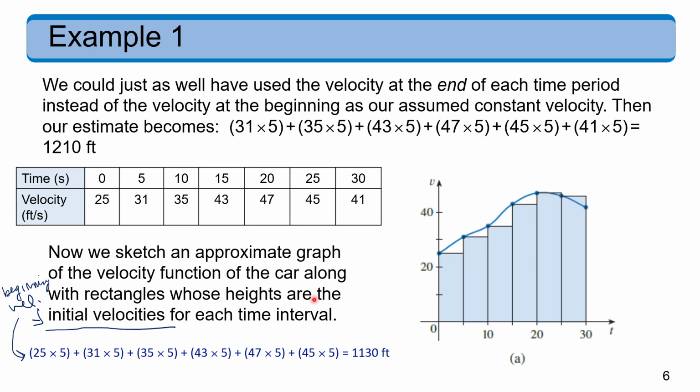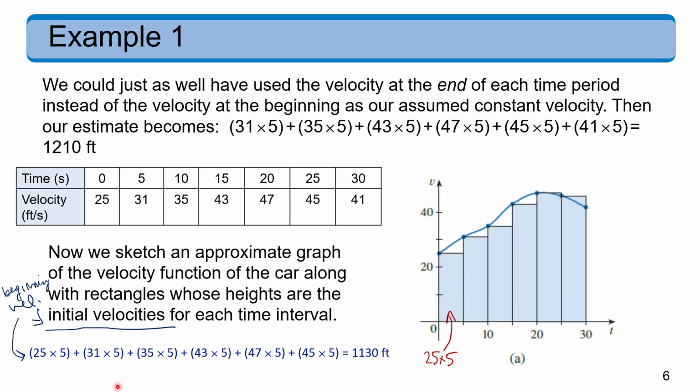And then this calculation here, 25 times 5, tells us the distance traveled during the first 5 seconds. But the 25 times 5 could be interpreted as the area of this rectangle, because it has height 25, width 5. So I'm just going to make a note that area is 25 times 5.